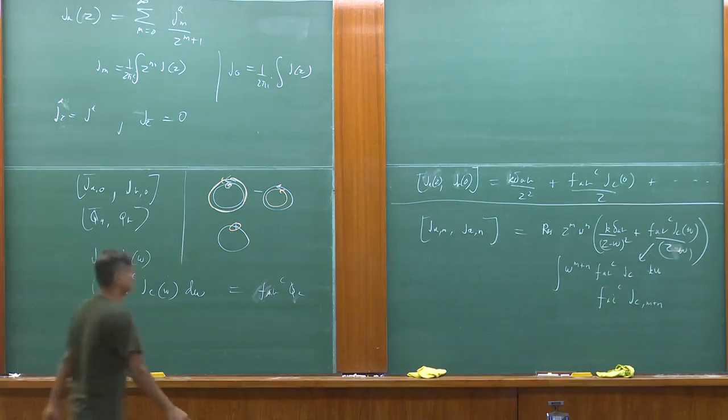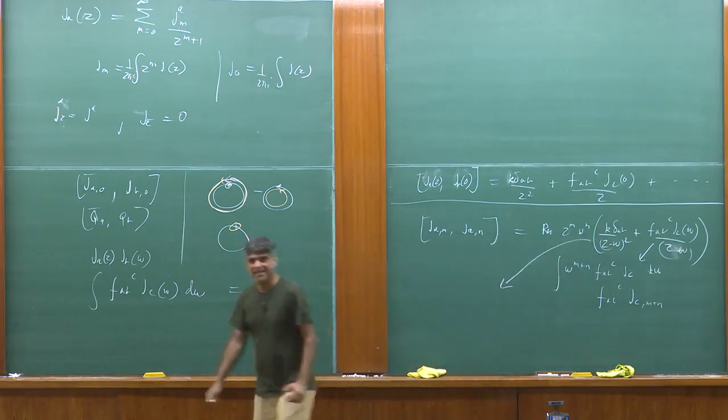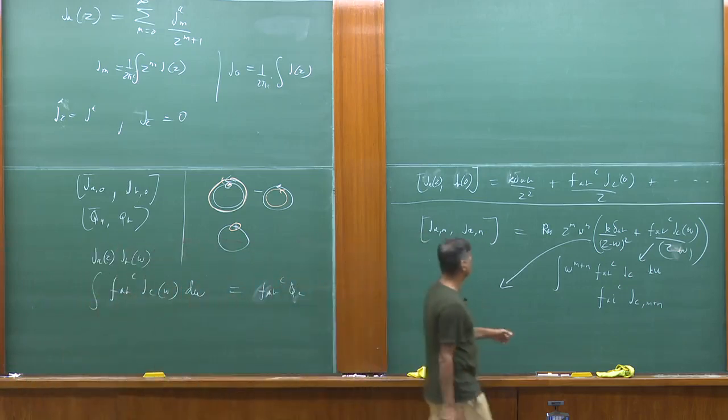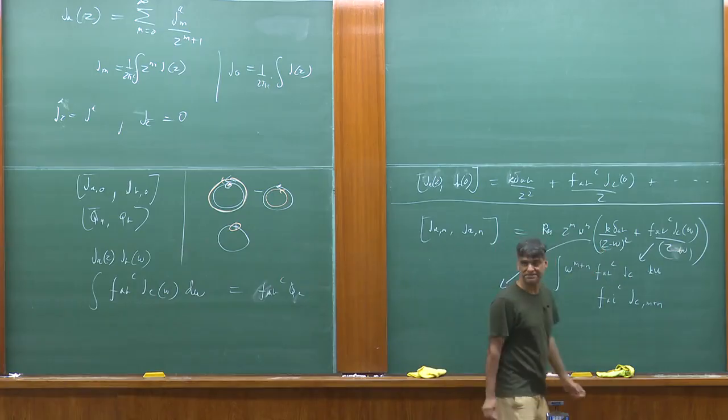But what about the other term? This term is like the central extension of the Virasoro algebra. It's going to give us something else. For this term, we need to Taylor expand once so that we get a pole.